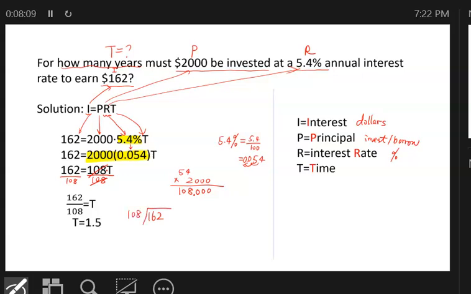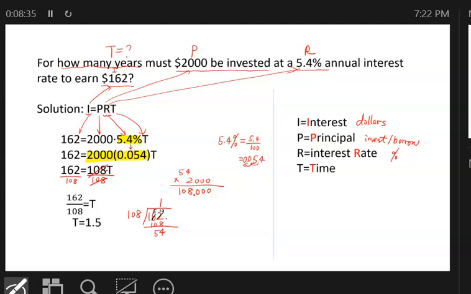Do long division. 108 goes into 162 one time, and we do subtraction. 2 minus 8, that's not enough, so we borrow from 6. That reduces 6 down to 5, and increases 2 up to 12. 12 minus 8, we get 4. 5 minus 0 is 5, and 1 minus 1 is 0.